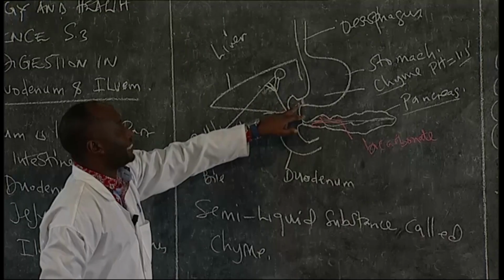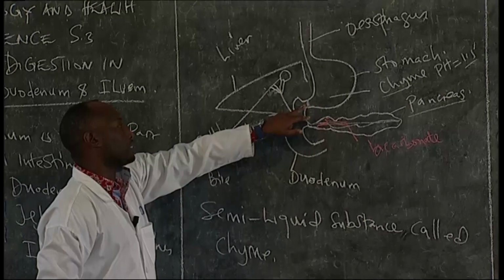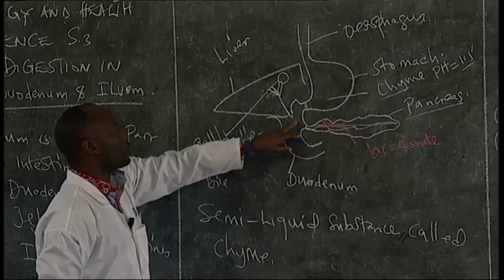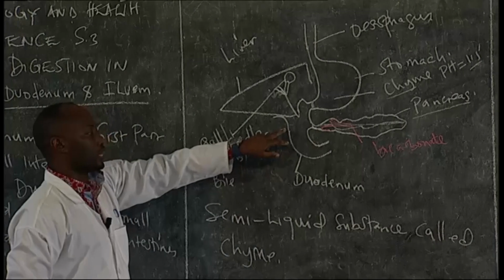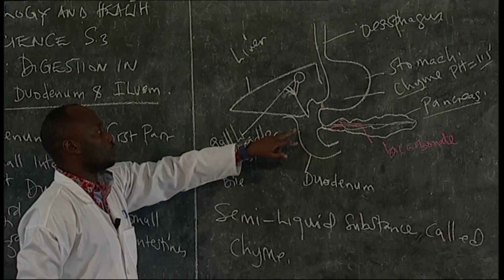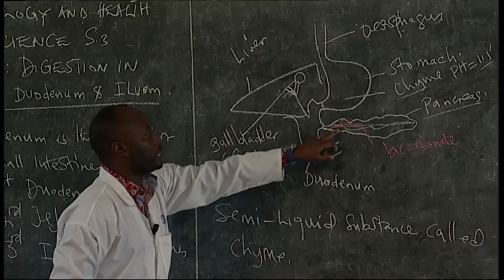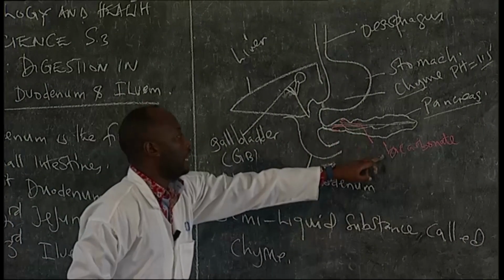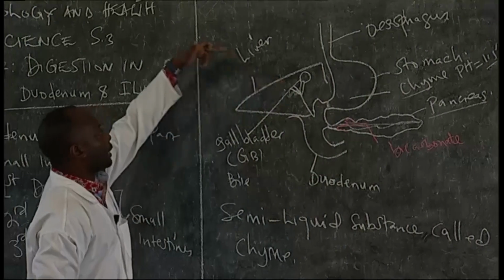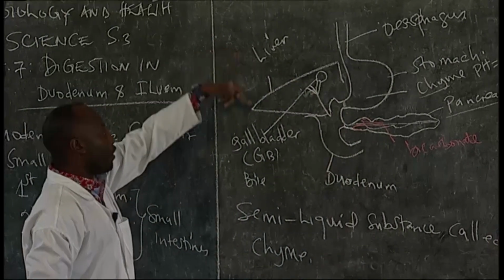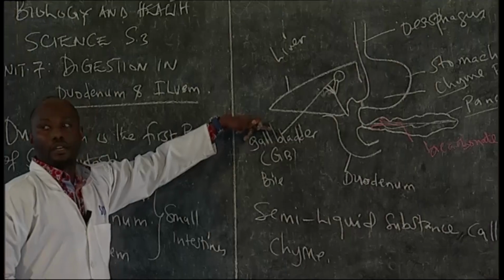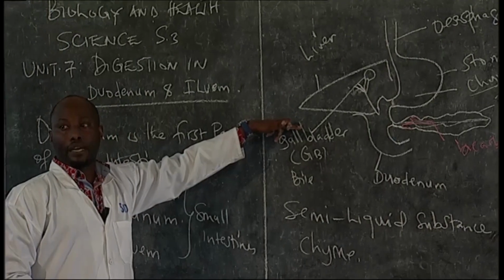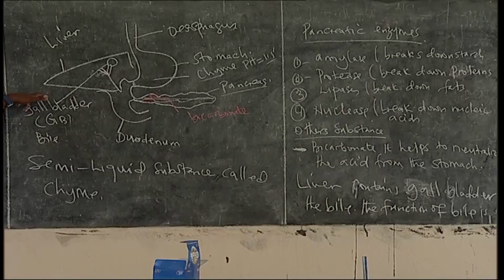Once the duodenum detects the food, it is stimulated by hormones called secretin, which stimulates the pancreas to release pancreatic enzymes and bicarbonate, and also stimulates the liver to inform the gallbladder to release the bile. And bile is very important in emulsification of fats.